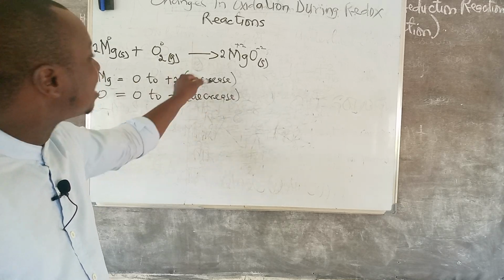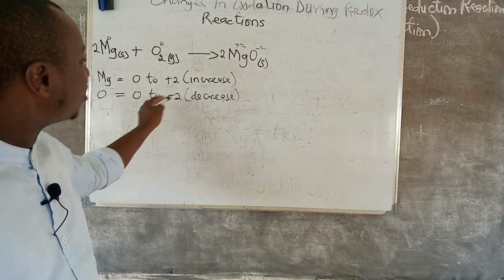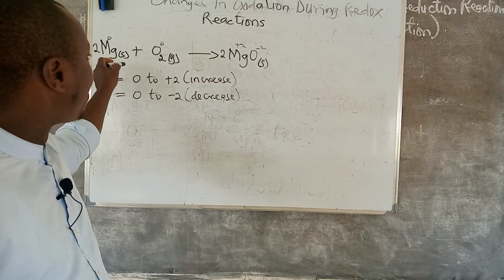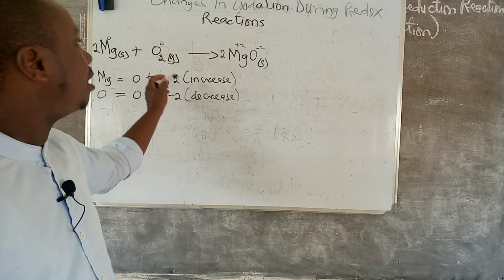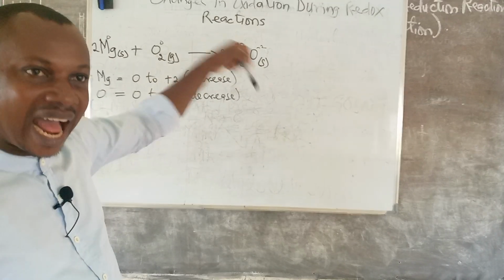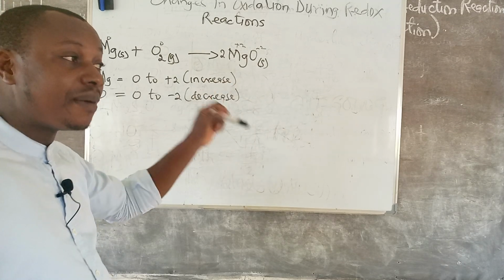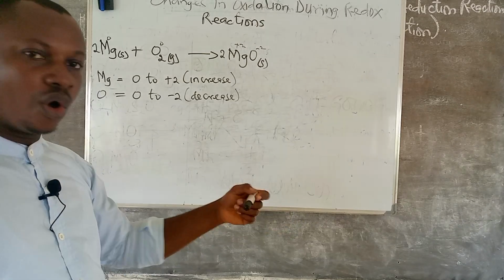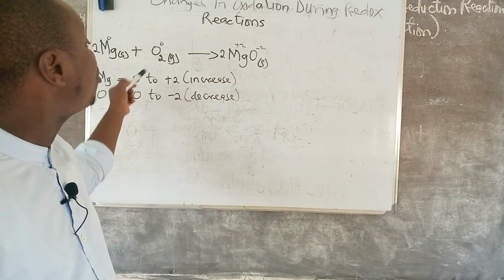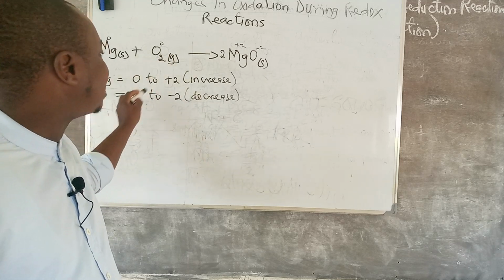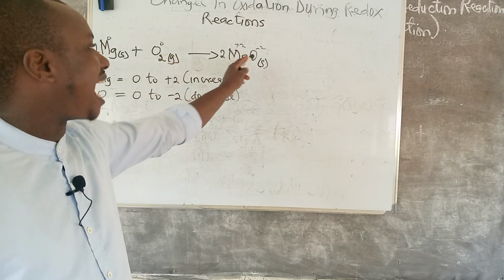So 0 to plus 2 is an increase, while 0 to minus 2 is a decrease, which means magnesium atom has been oxidized to magnesium ion. Remember, being oxidized means that it has lost electrons. Oxygen is now reduced. Oxygen atom has been reduced to oxide ion.